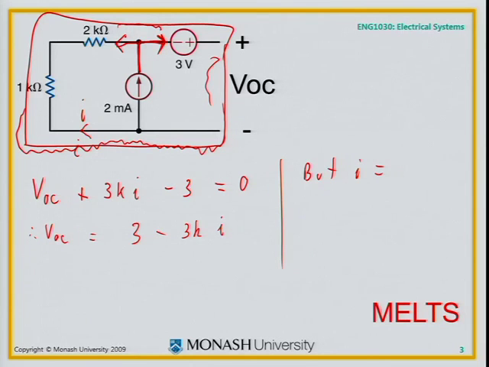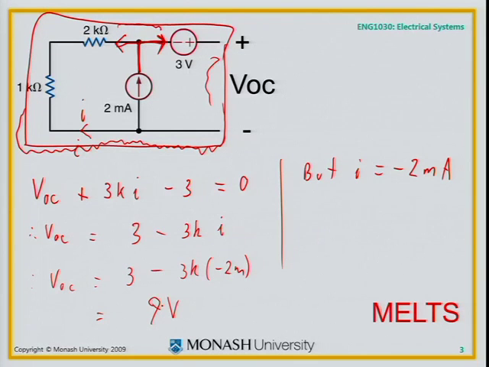So what's I? Minus 2. Just the sign convention was the other way around. I is minus 2 milliamps. Therefore VOC will equal 3 minus 3K by minus 2 milliamps, which equals 9 volts.